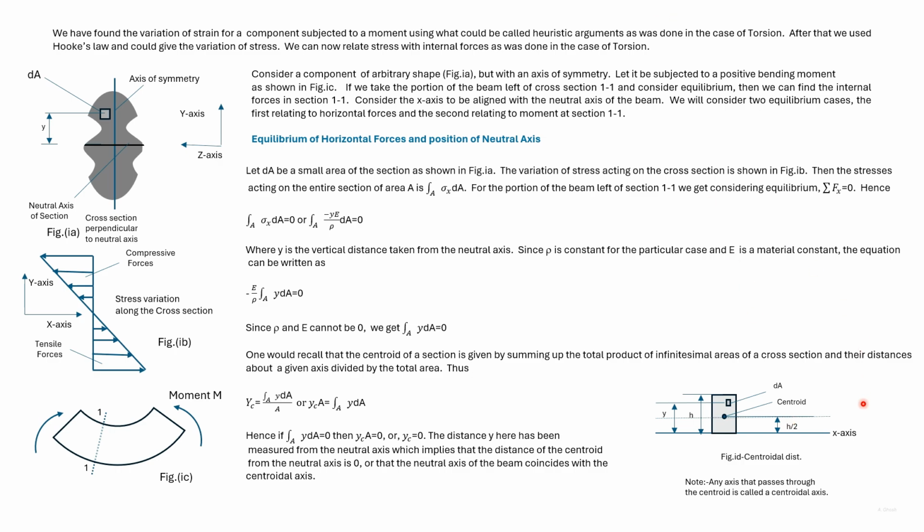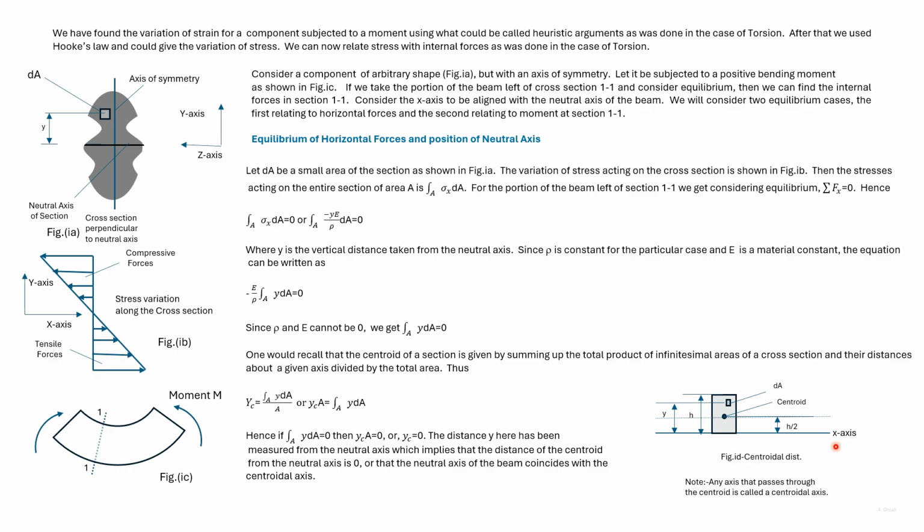Now consider the case where the x-axis has been moved upwards so that it coincides with the line which passes through the centroid. Then the y values would vary, and integration y dA by A would come out as 0.